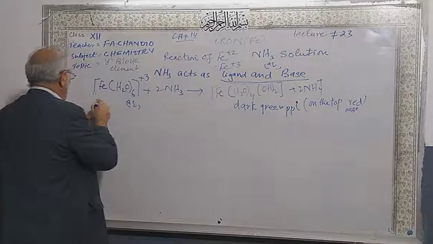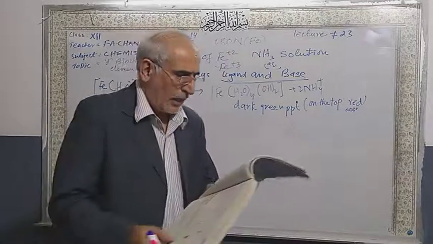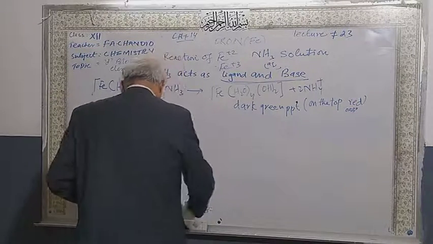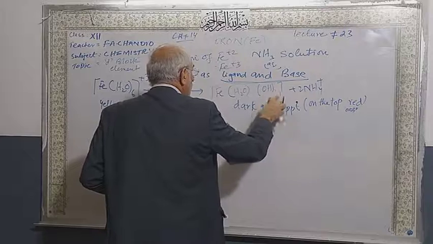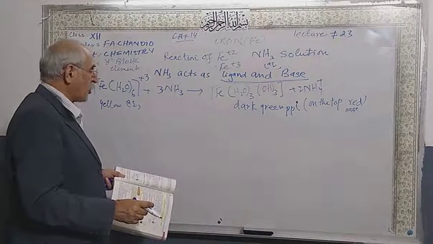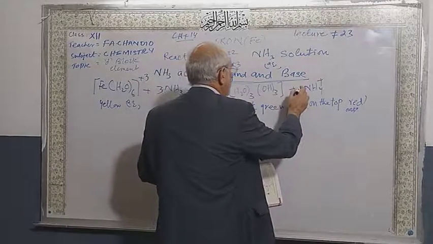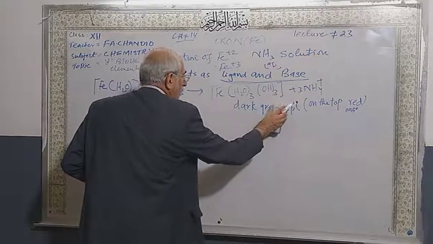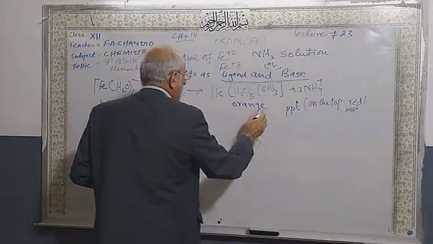This is the iron 3. The color is yellow, yellowish orange if you see your book, and 3 moles of ammonia will be used, and you will get aqua trihydroxo iron 3 with the 3 ammonium ions, and this color is a reddish orange precipitate.